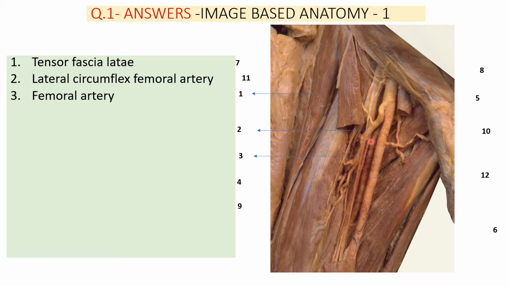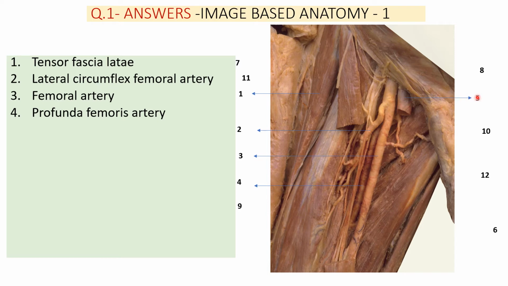Here you are seeing a blood vessel coming from the femoral artery, the lateral circumflex femoral artery. Then coming to the 4, it's also a structure, and that is the profunda femoris artery. This is the profunda femoris artery you are seeing.